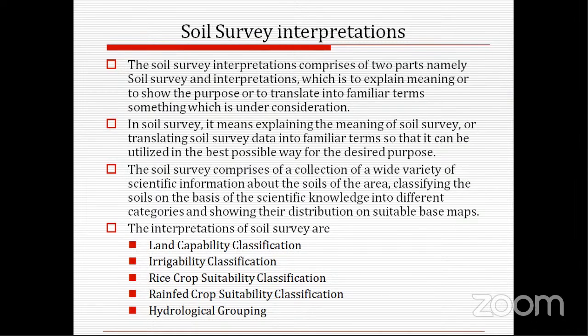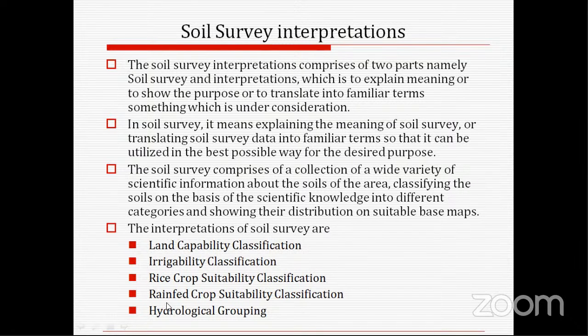Mostly, students, how many types of interpretations of soil survey data are there? There are five types. What are those? A very familiar one is land capability classification, very important and common for everyone. Then irrigability classification, which may not be known by the JRF students, but you are much aware of. Then rice crop suitability classification, another important one, and rain-fed crop suitability classification.